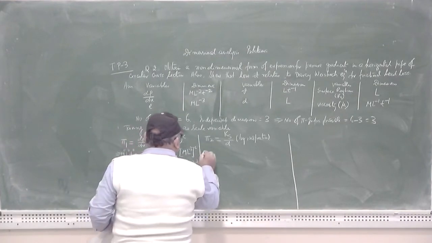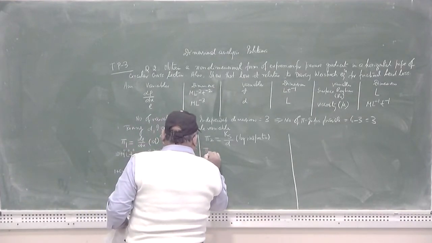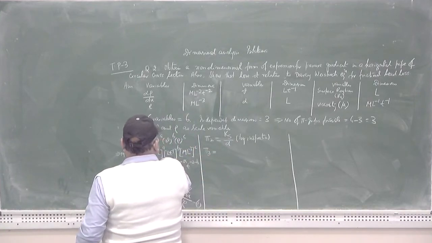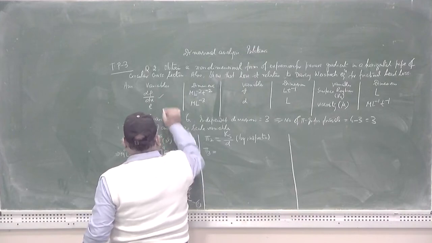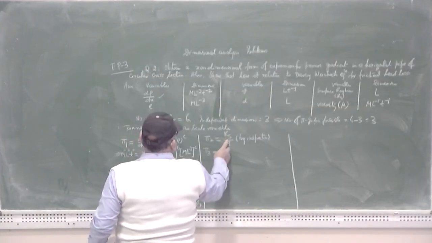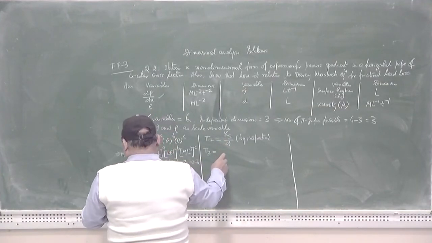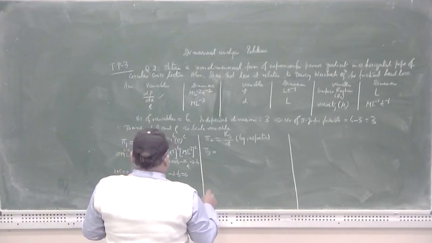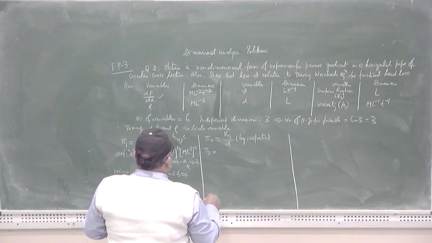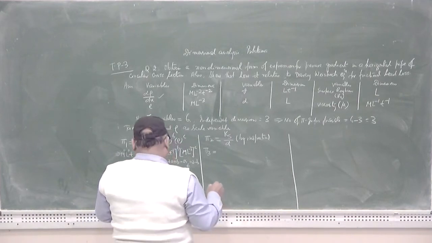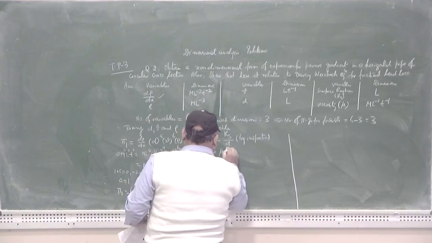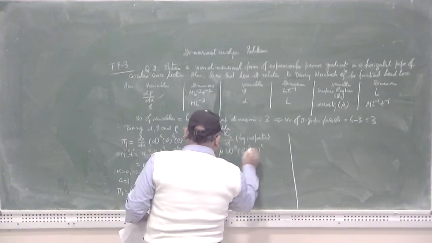Now, see pi 3. You have utilized dp by dx, and I have utilized Ks by d, that is Ks I have utilized. Now, the left is mu. So, pi 3 is equal to mu d raised to the power a, v raised to the power b, and rho raised to the power c.